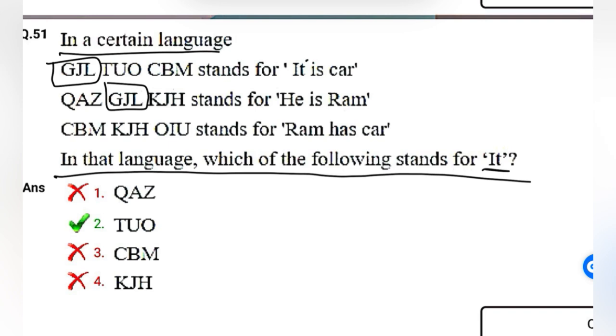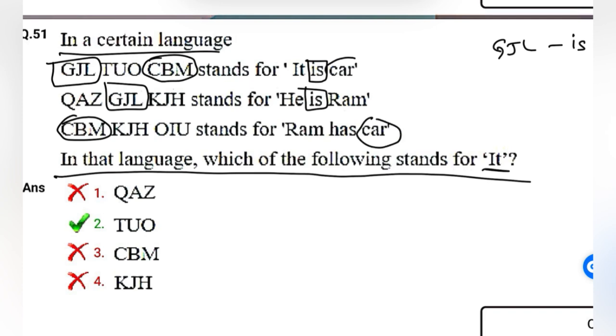So GJL is, and compare 1 and 3 now. The common is CBM, and the common this side is car. So obviously it stands for TUO.